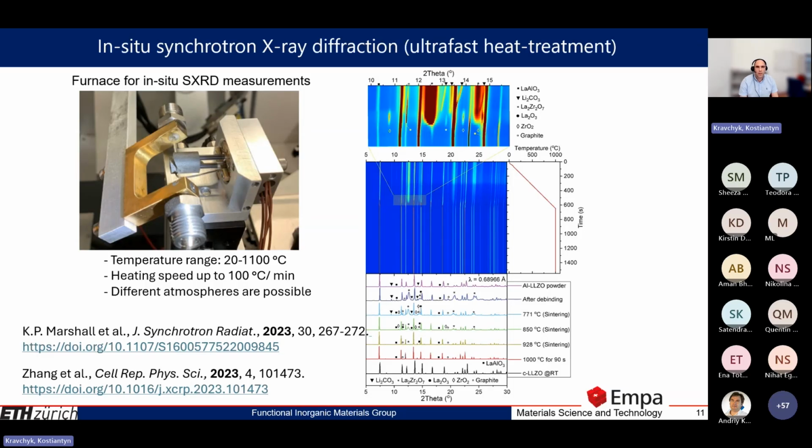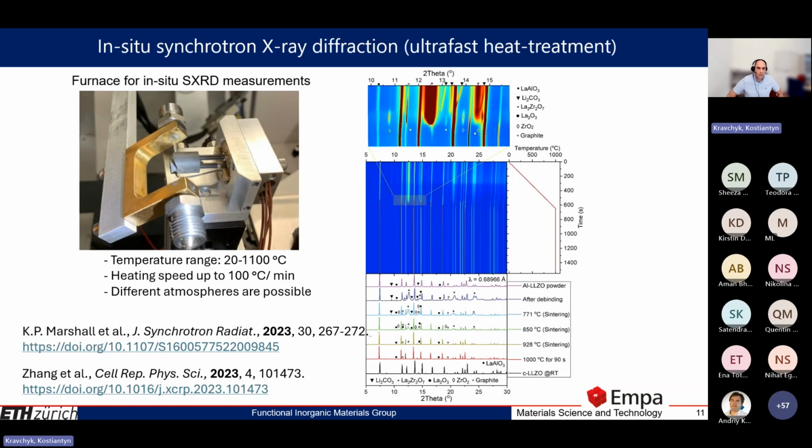It's a special measurement: synchrotron X-ray diffraction under a very fast heat treatment. There was a paper published in Science a few years ago, which demonstrated that you can sinter ceramic materials within a minute using a so-called ultra-fast sintering technique.